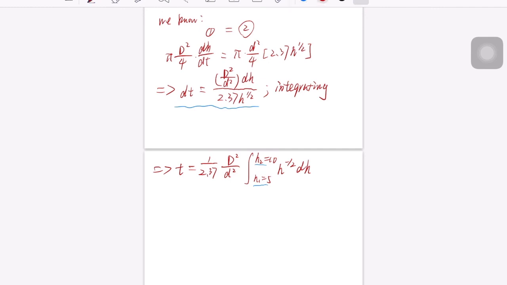So now we can get that the time equals 1 divided by 2.37 times 16 feet square divided by 0.667 feet square times the square root of 10 feet minus the square root of 5 feet.